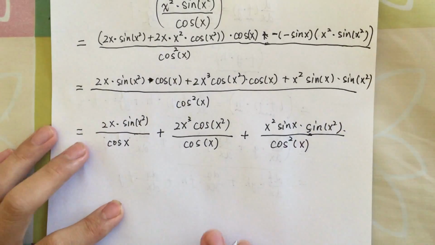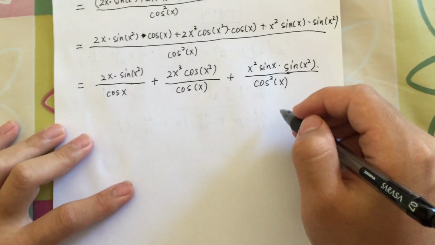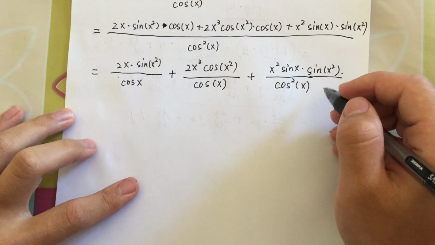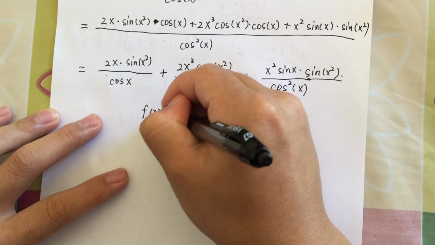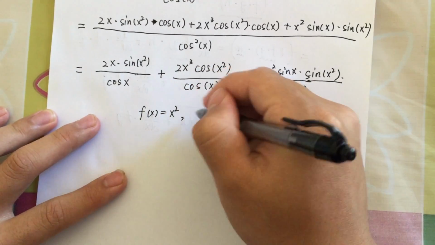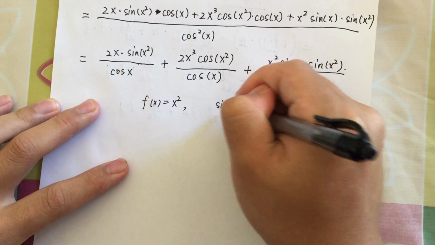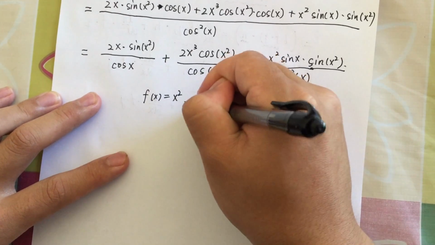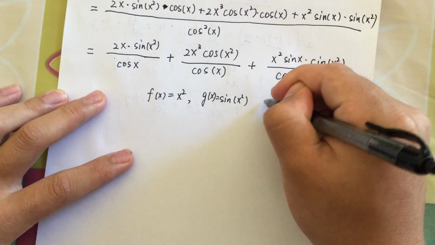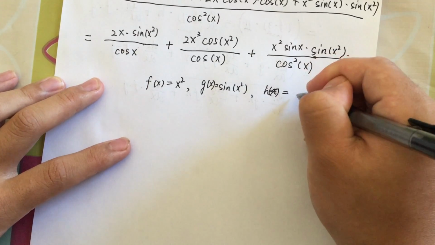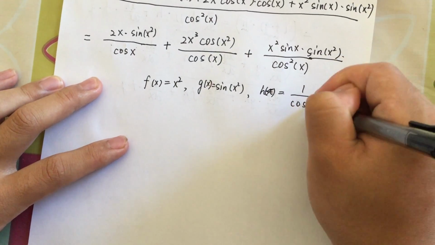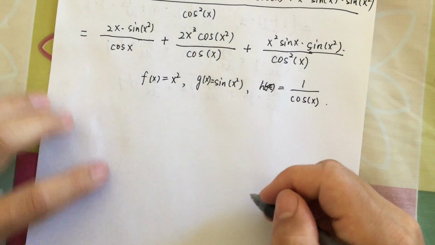Now we try using the product rule again. This time we take f(x) as x squared, take sine x squared as g(x), and we write h(x) as 1 over cosine x.